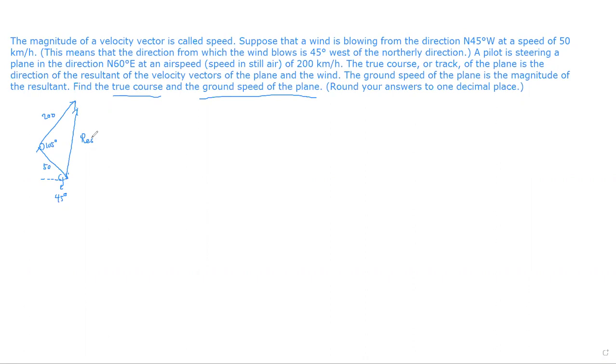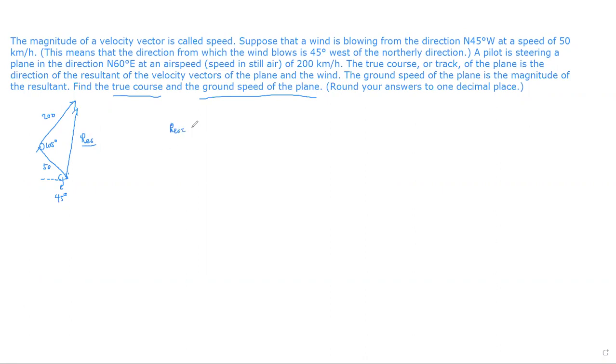We want our resultant vector. This resultant vector will be the ground speed of the airplane. So let's use the cosine law to find this ground speed.